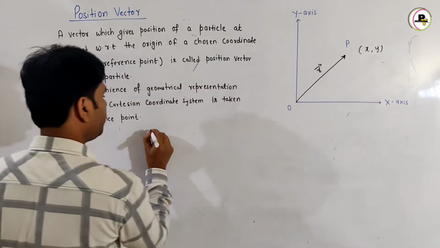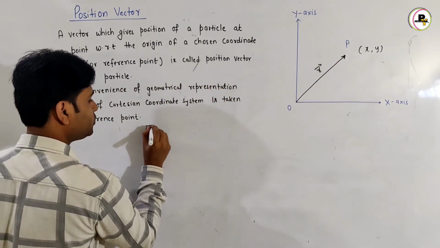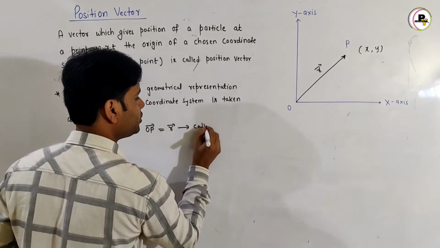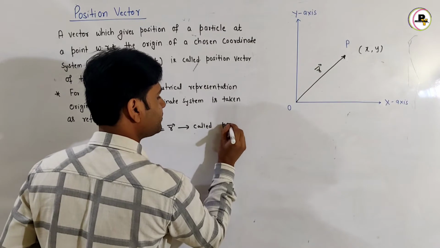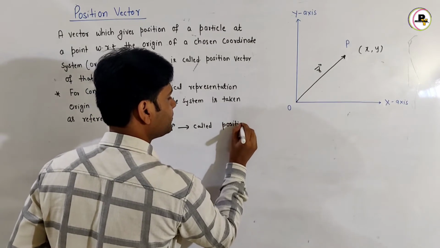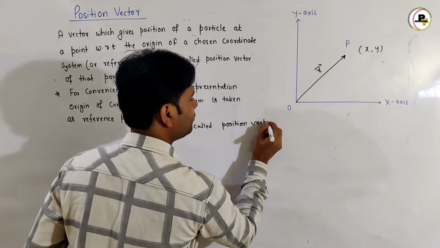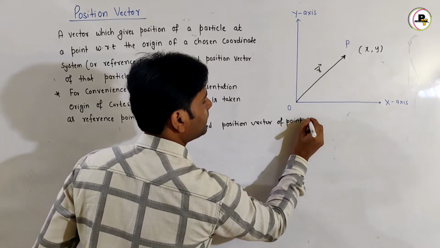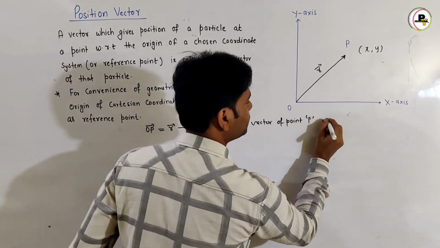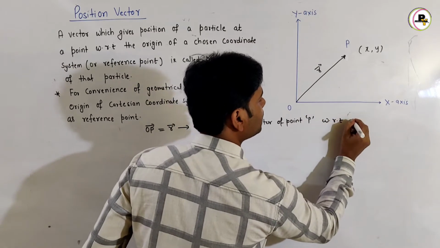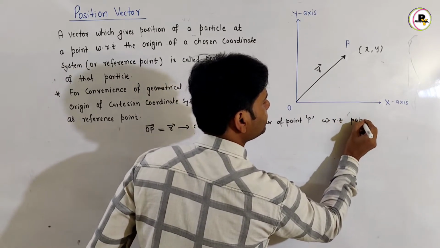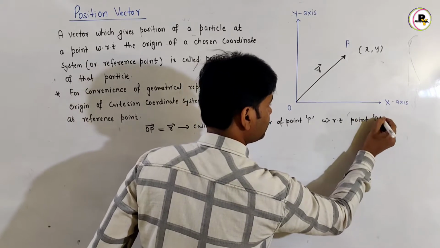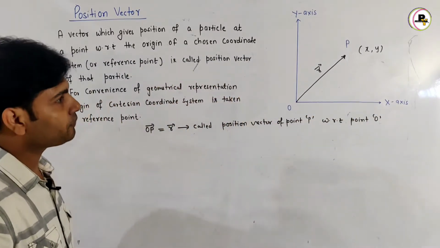So here OP vector equals r vector is called position vector of point P with respect to point O.